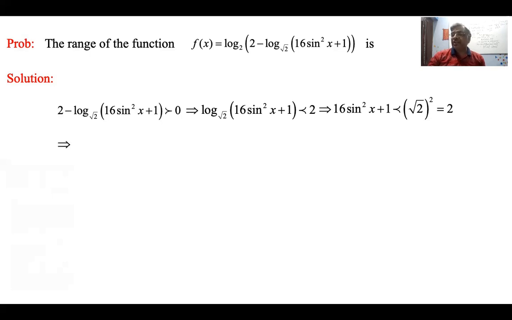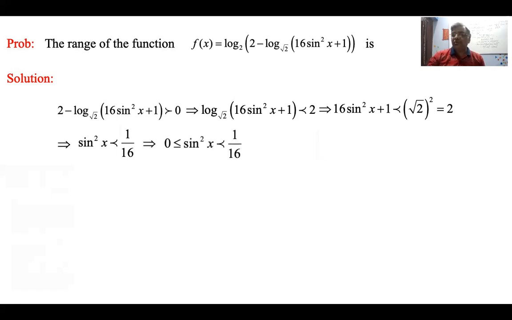That means 16 sine square x is less than 1, which means sine square x must be less than 1 by 16. So the above function is defined for those values of x such that sine square x is less than 1 by 16. Keeping that in mind, let us try to find the range of the function f of x.